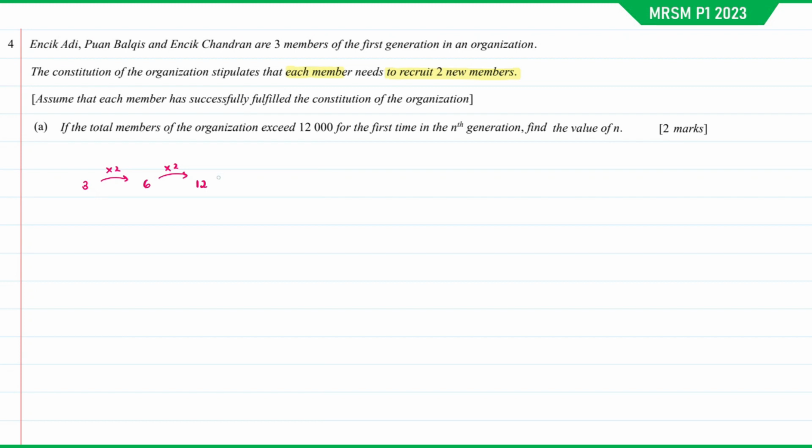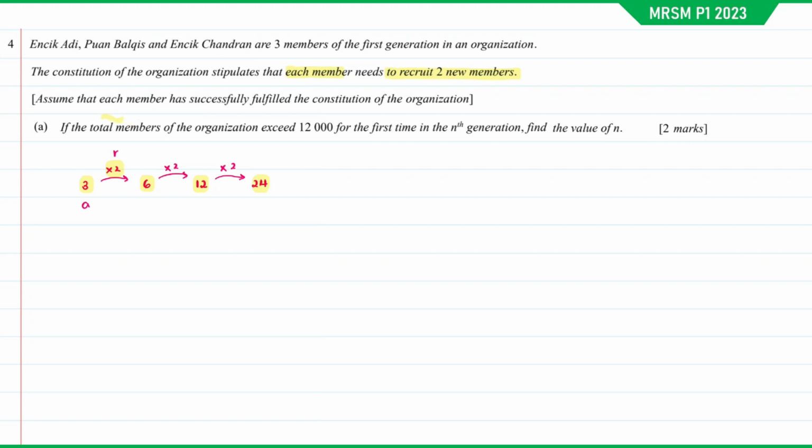And these 12 members each need to recruit 2 new members. So later on, we're going to have 24 new members. So the numbers of new members here form a geometric progression, with a equal to 3 and 2 as the common ratio.